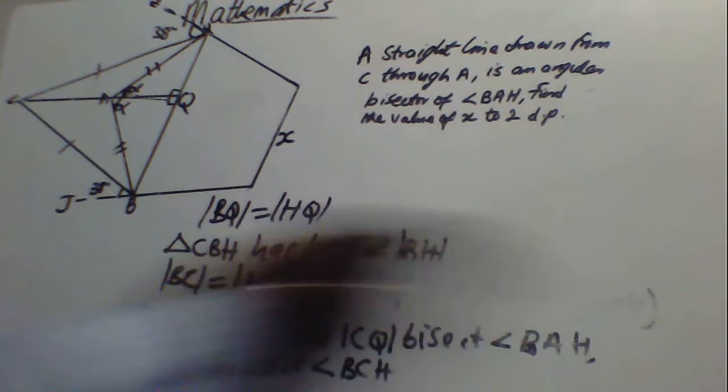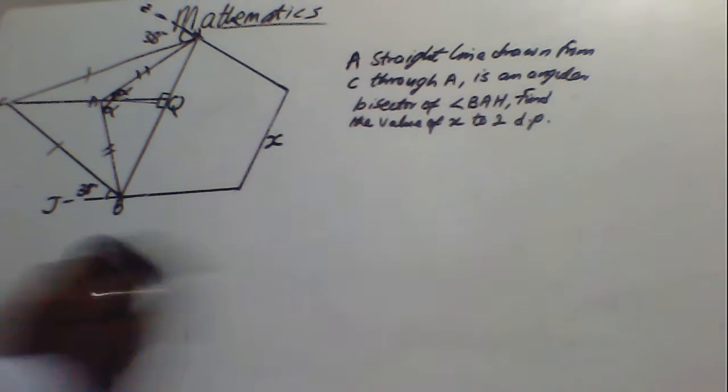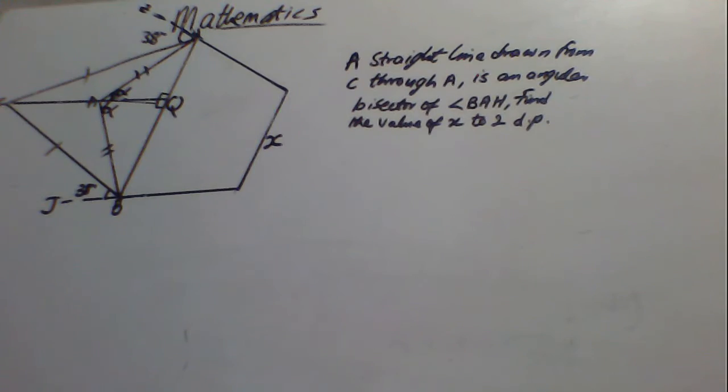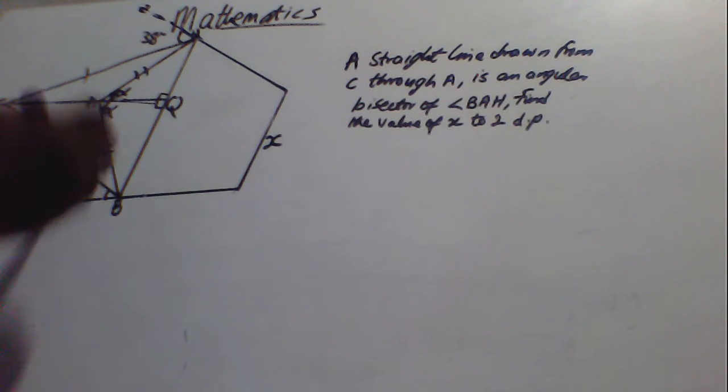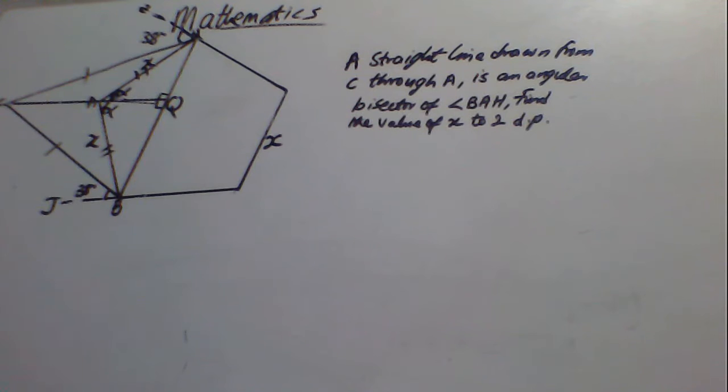So having learned it, let's proceed. The next thing you have to look into is to find the side BH. We know that here is X and here is X. That is the side of a regular pentagon.